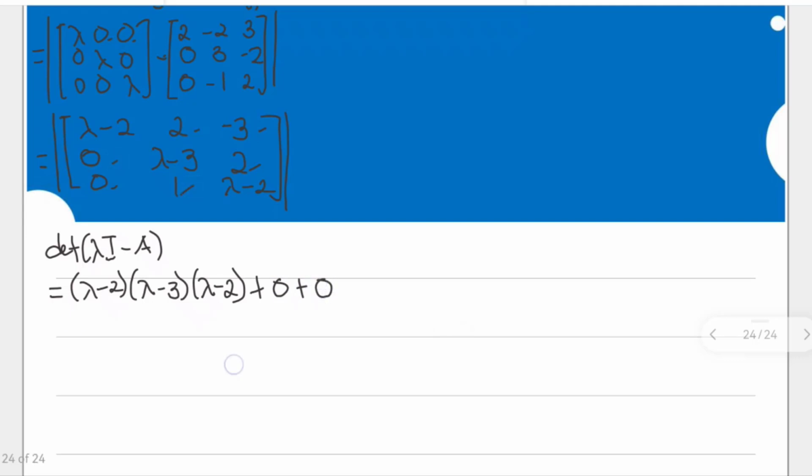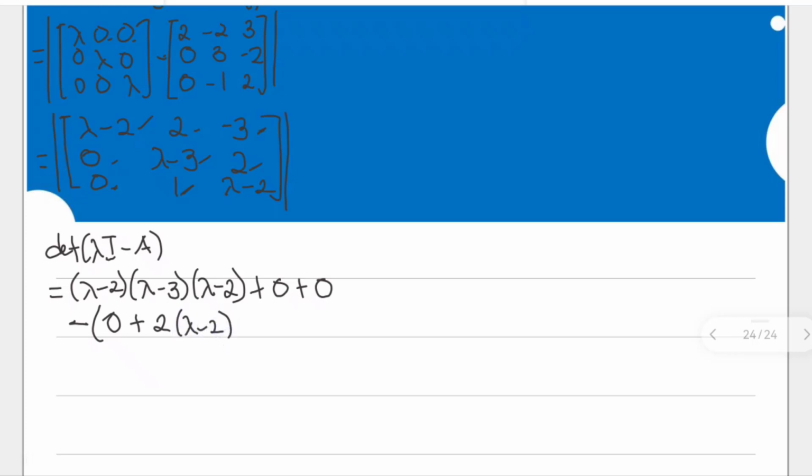The next one, minus, again the second movement, you will have negative 3 times lambda minus 3 times 0, which is 0. Next, 2 times 1 times lambda minus 2. So you will have plus 2, sorry, 2 times 1, that's 2, or twice lambda minus 2.